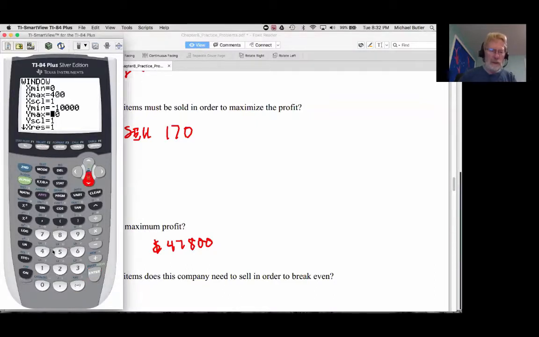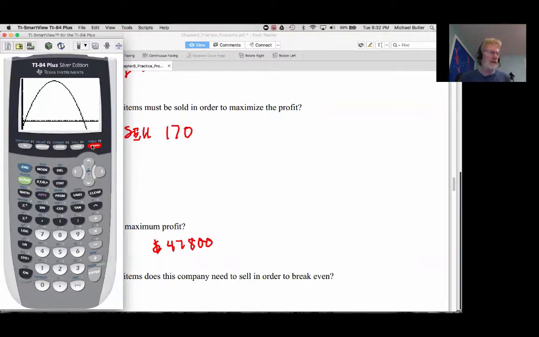Y-max is going to be, let's go 50,000 so that we can see everything. Y scale, let's make that 1,000, just so we don't have a ridiculous amount of tick marks there. And let's make the x scale equal to 10, okay? All right, so let's try that graph for our first guess and see how that works.